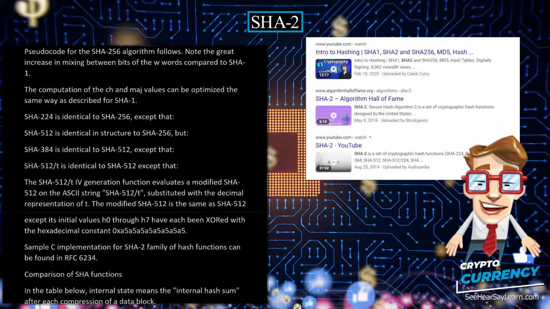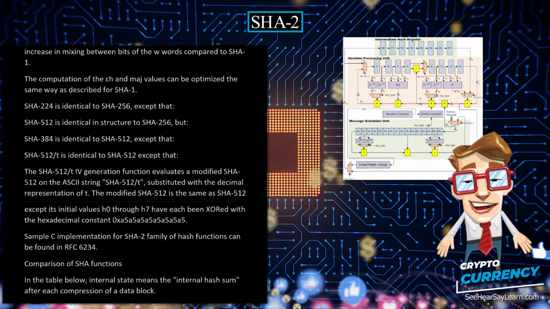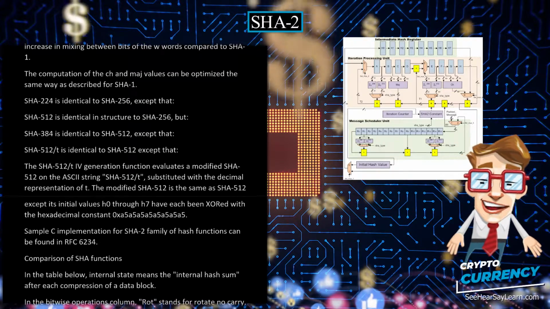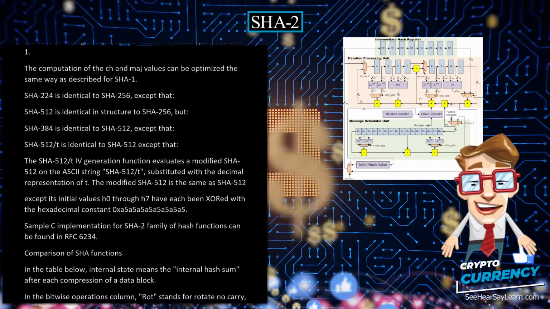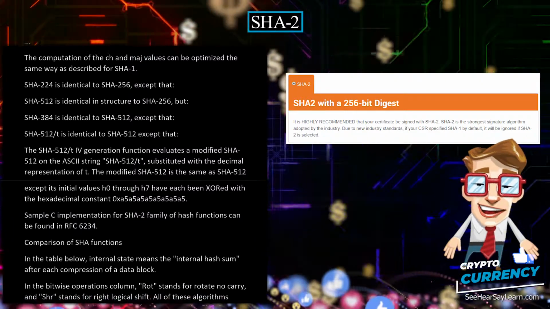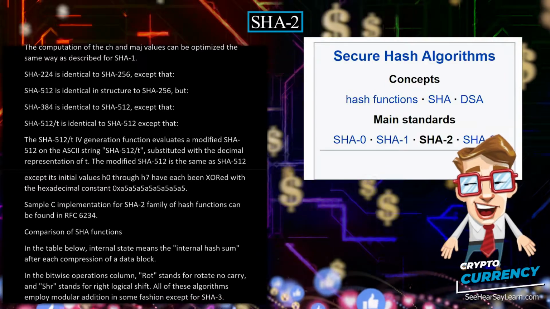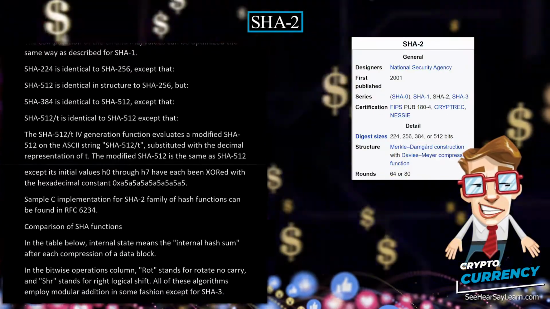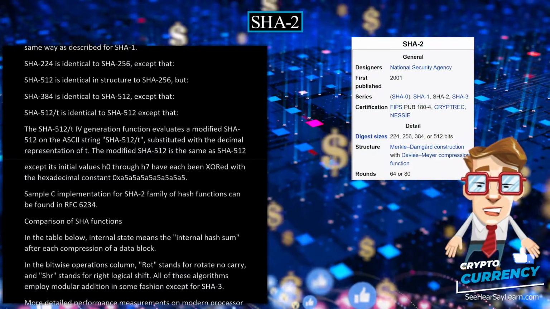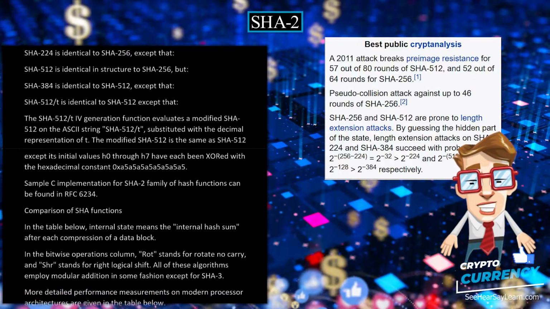The modified SHA-512 is the same as SHA-512 except its initial values H0 through H7 have each been XORed with the hexadecimal constant 0xa5a5a5a5a5a5a5a5. Sample C implementation for SHA-2 family of hash functions can be found in RFC 6234.